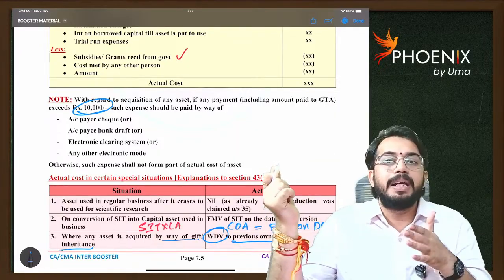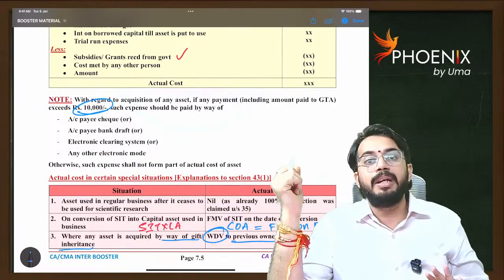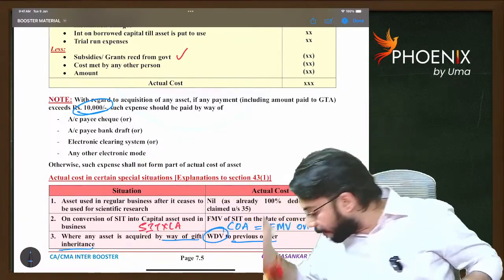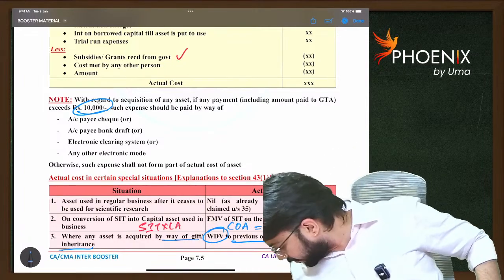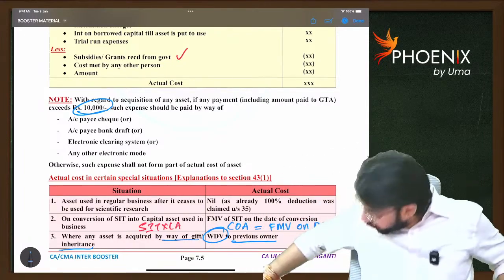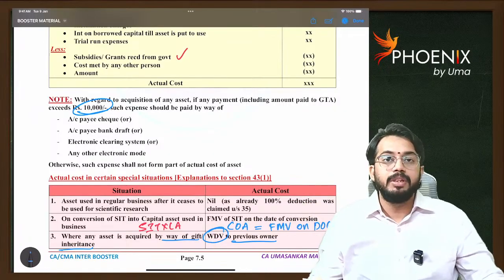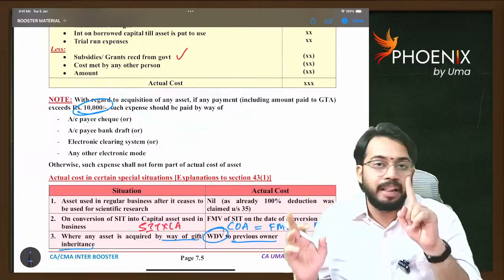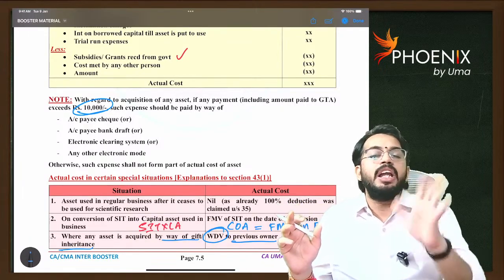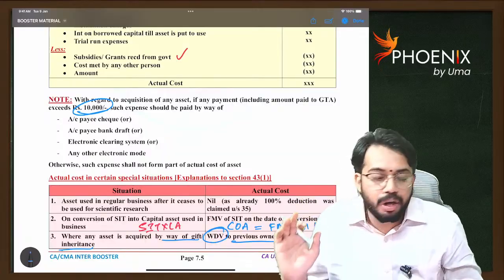For revenue expenses, if you are making payment to a transporter, the 35,000 limit is applicable. Very, very important. Many students will make mistakes here. I hope you understood this point. Whenever you are purchasing the asset, only one limit, 10,000. Whenever you are incurring revenue expenditure, two limits, 10,000 and 35,000.